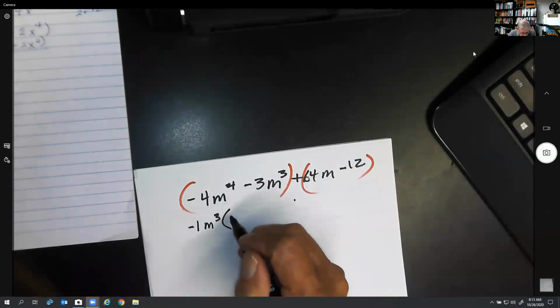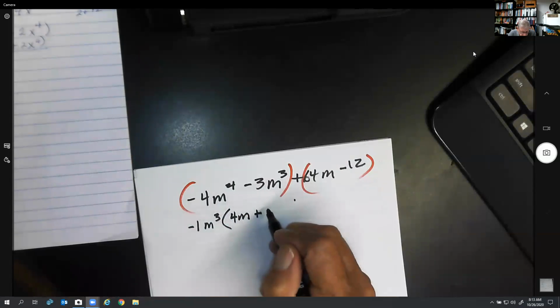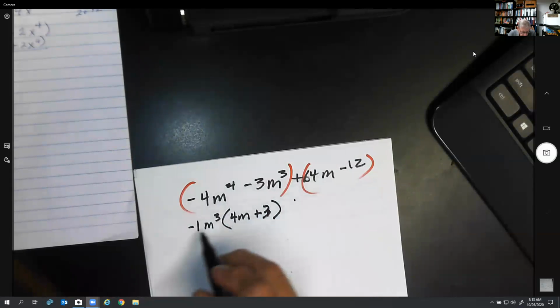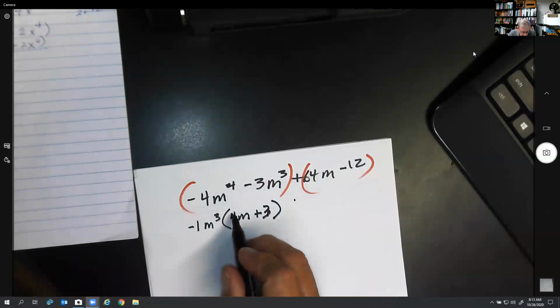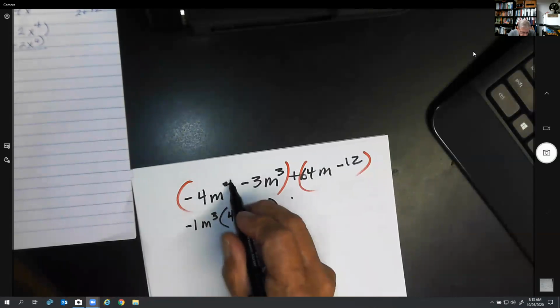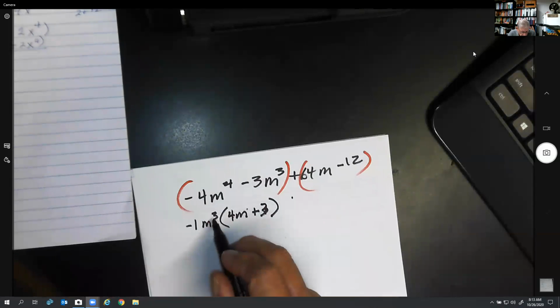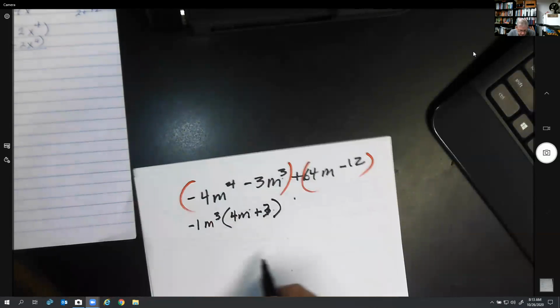Let's see, that would be a positive 4M plus 1, 3. What am I saying? Okay, negative times positive is negative. 3 plus 1 is 4. Negative times 3 is -3. And the 3 comes up.